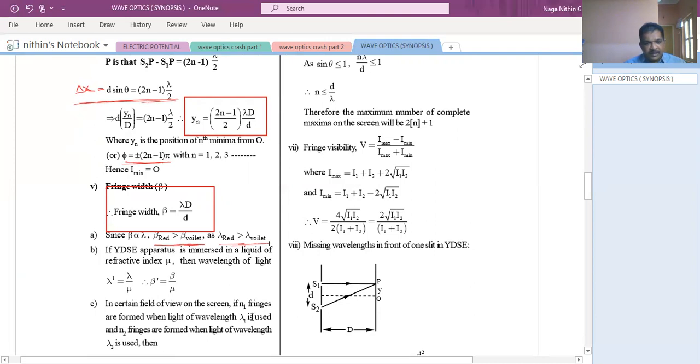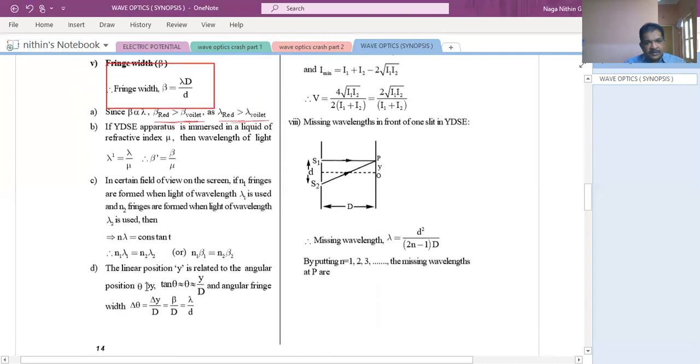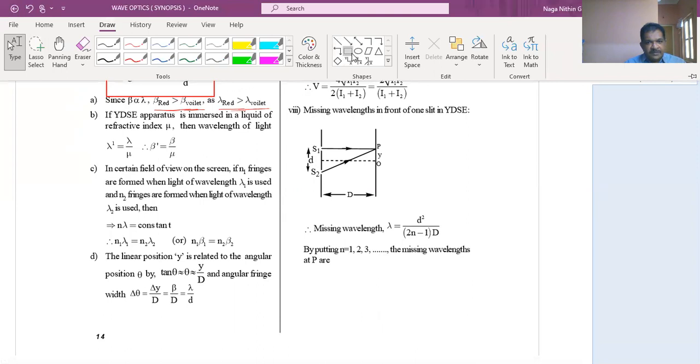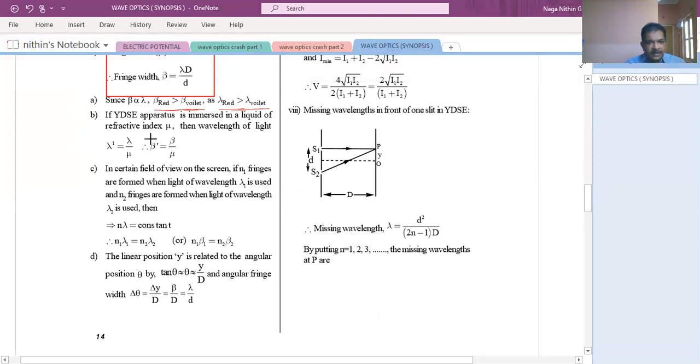Next, this Young's double slit experiment is completely immersed in water. What will happen to the fringe width? Beta dash will be equal to beta by mu. This formula we will use in that case.